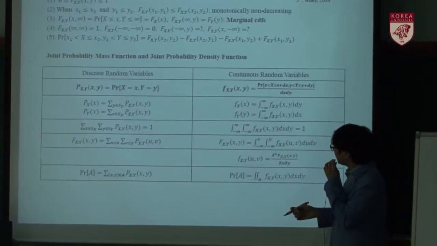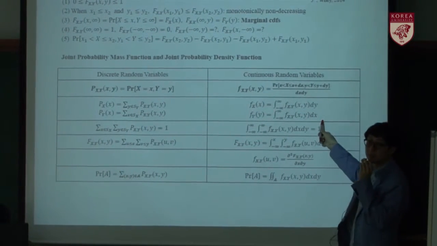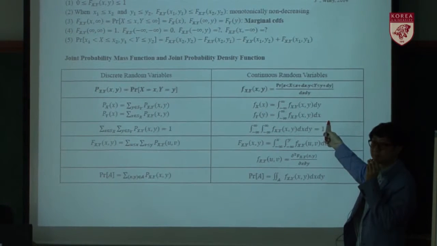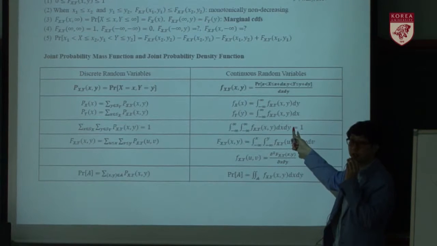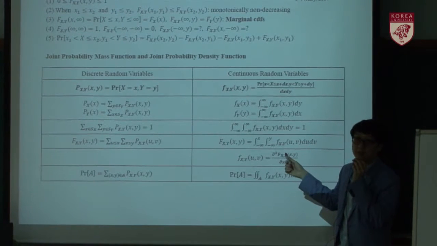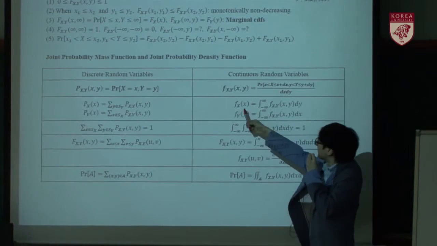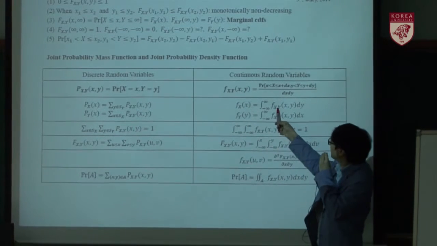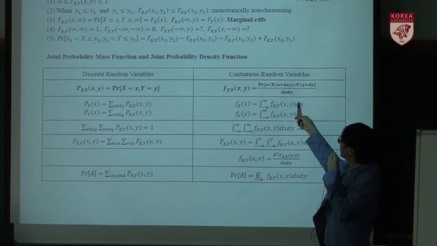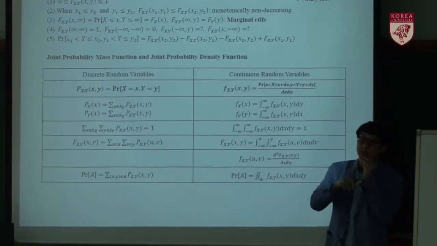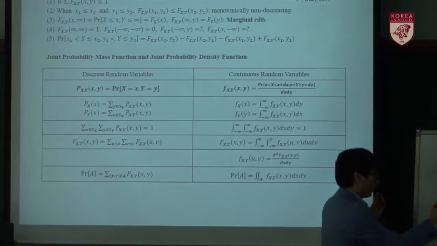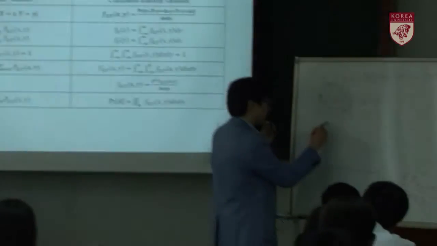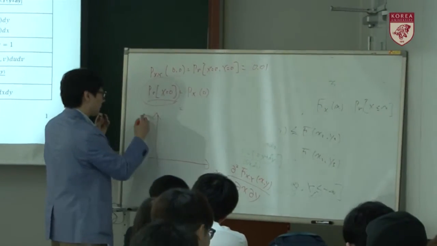Okay? And how about in the continuous case? In the continuous case, it's the same, but instead of summation, we use integral. So f_X is the integration over y. That means we are integrating over all values of y. So in terms of the graphical notation, let's say this is x and this is y.